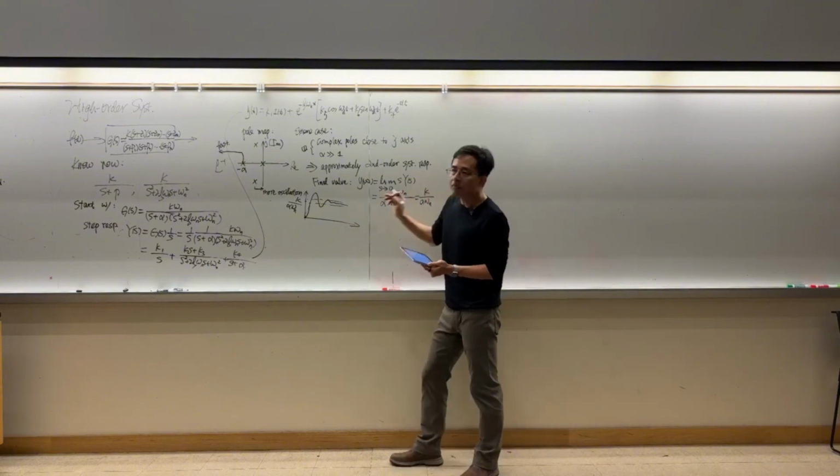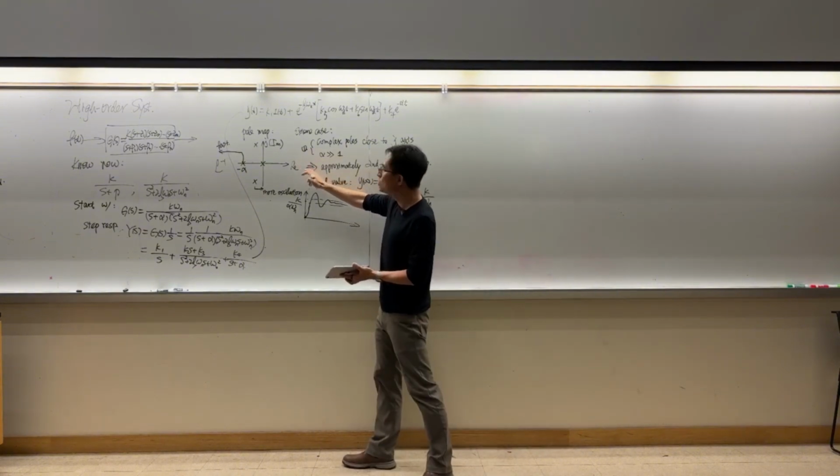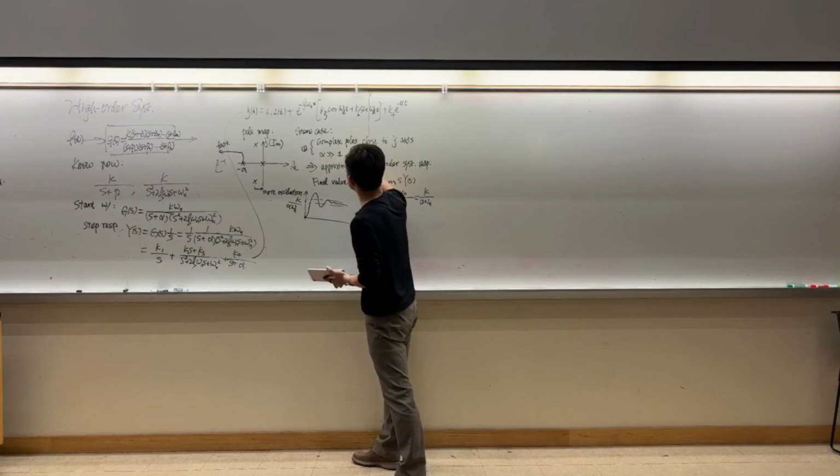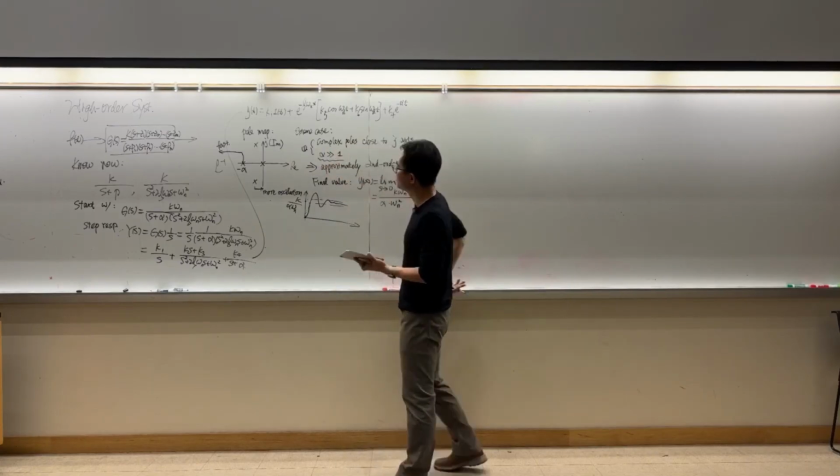From there, the general rule of thumb: what does it mean for alpha to be very, very large?